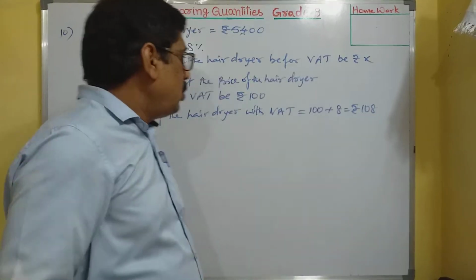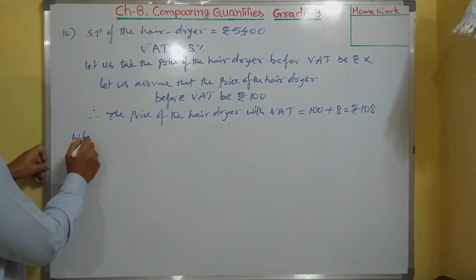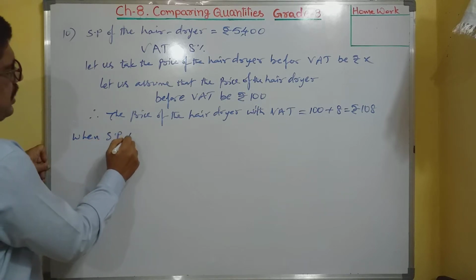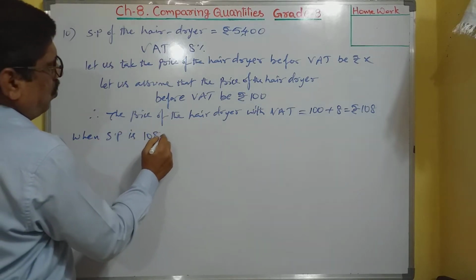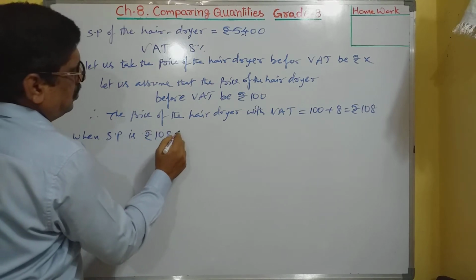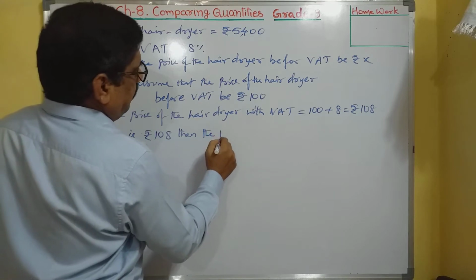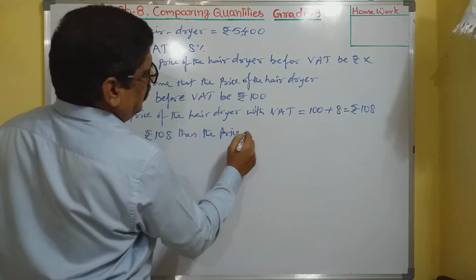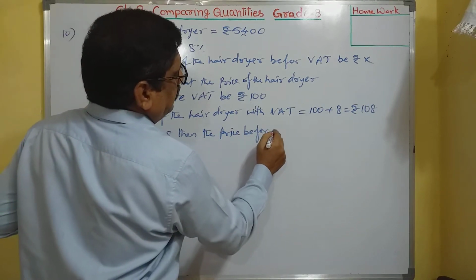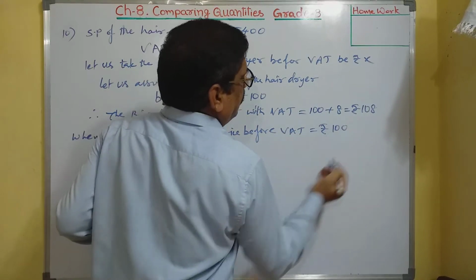Here we have to write like this. When SP is 108 rupees, then the price before VAT is equal to rupees 100.